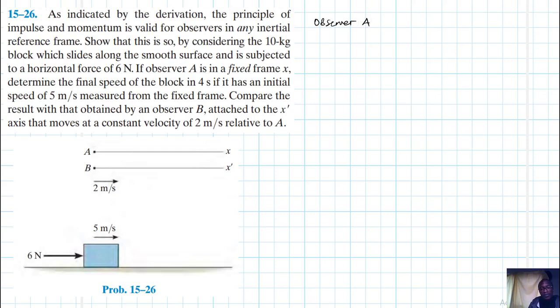Observer A. So the velocity of A is just equal to 0.